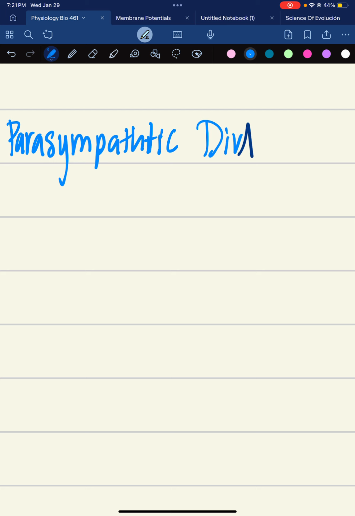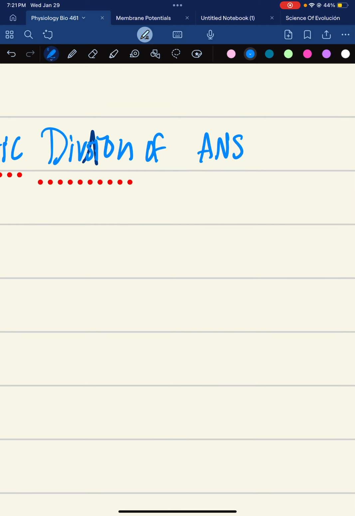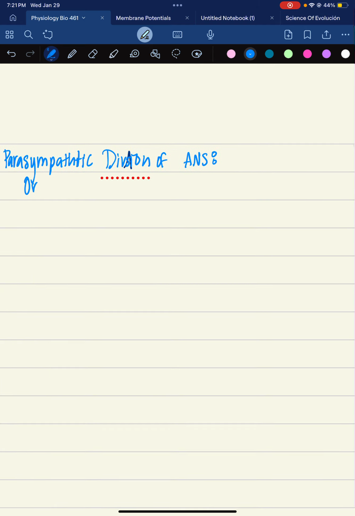So the parasympathetic division of the ANS. The origin is the brainstem and spinal cord. Okay, so number of neurons.